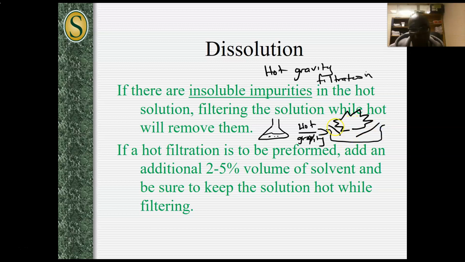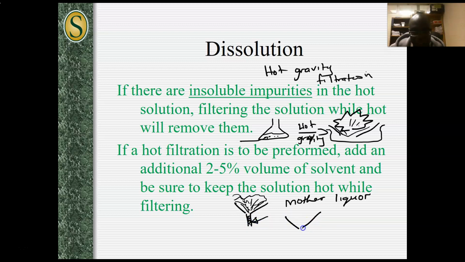The reason why you want to use a stemless funnel is this. If you use a stemmed funnel while you're doing your filtration, when the mother liquor, which is just the supersaturated solution of your sample, is passing through, it prematurely cools and it clogs the stem.